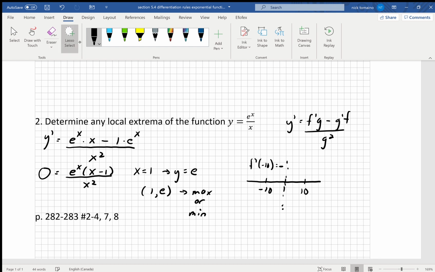And if we plug in positive 10, the first derivative is a positive number. So that means that we're going from a decrease to an increase, which means that 1 comma e is a local min. And that's it. And there's your work for today.